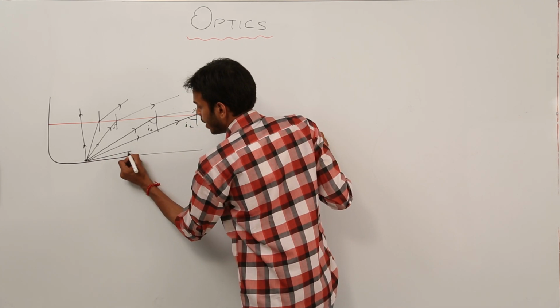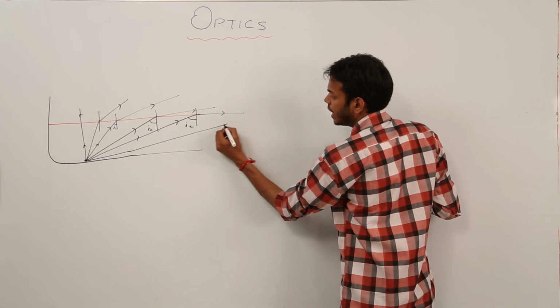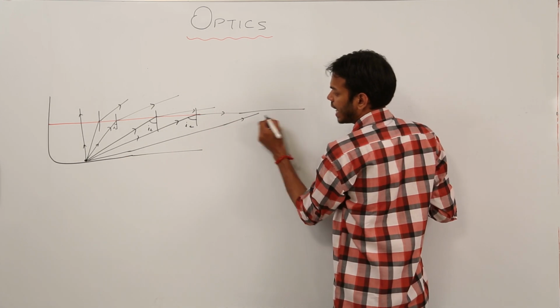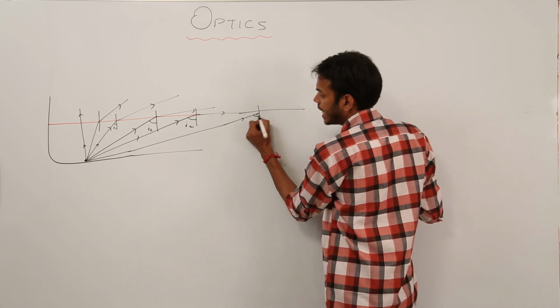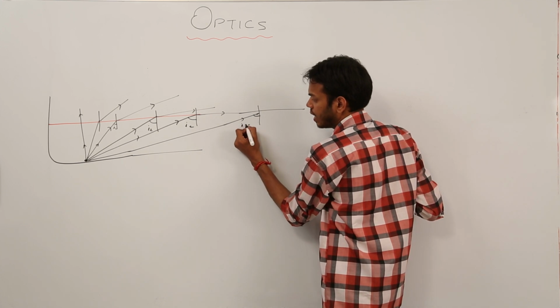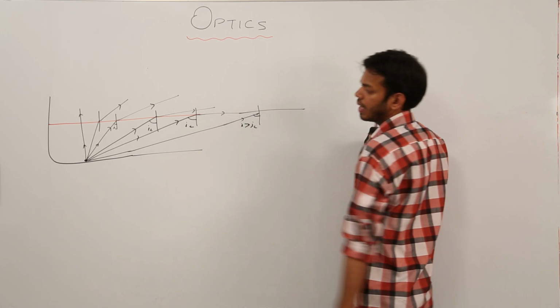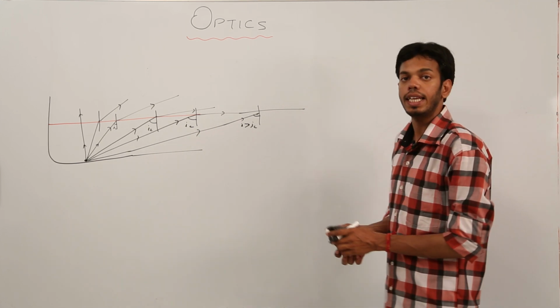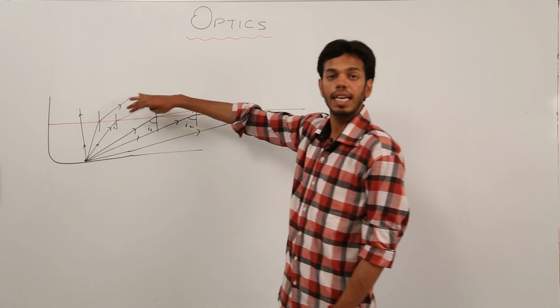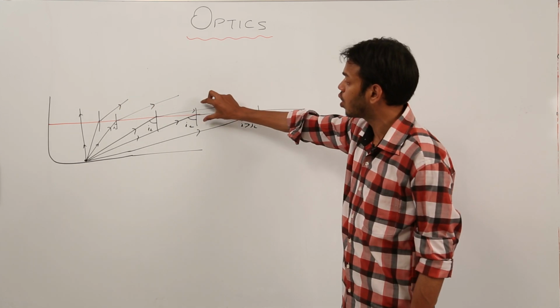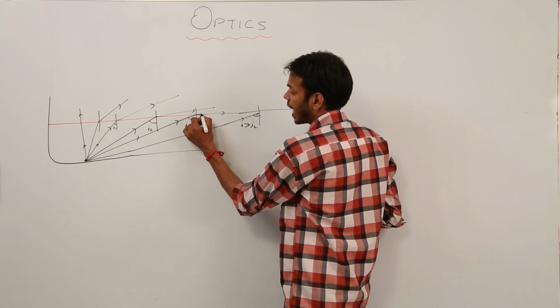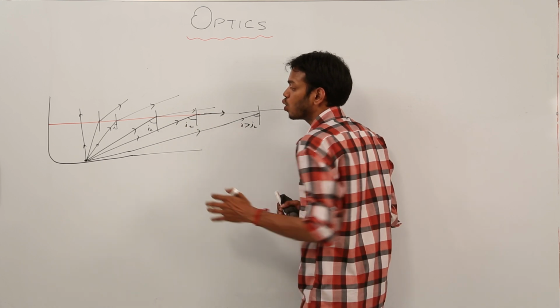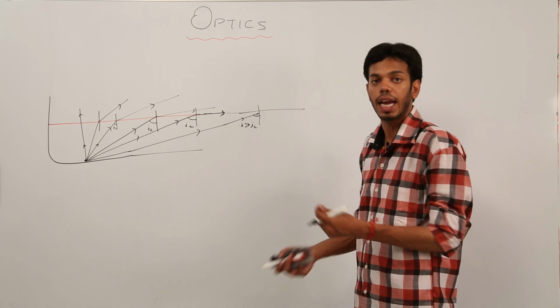The ray which is incident on the interface at an angle greater than the critical angle will not go outside because all the limits of bending away from the normal have already been crossed. At this point the refracted ray was going along the surface, so there is no scope of any further bending, right?